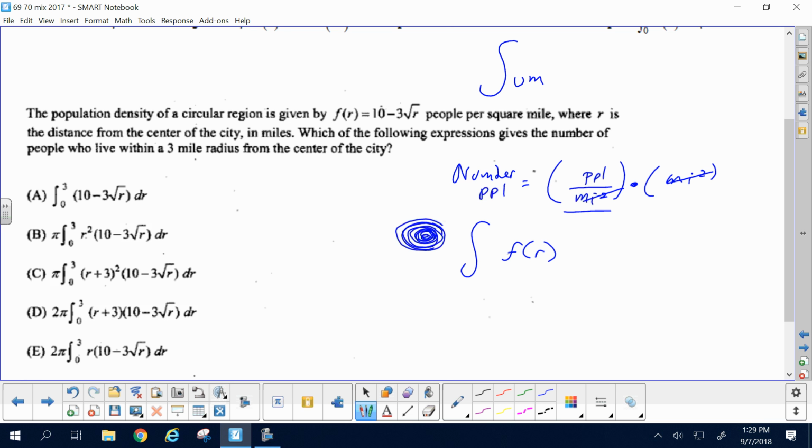Now, normally in Algebra 1, if you wanted to do area of a ring, you would say pi big R squared minus pi little r squared, yeah? The problem, though, is this is a theoretical exercise, kind of, and that is that each of those r's, I mean, it changes all the time.